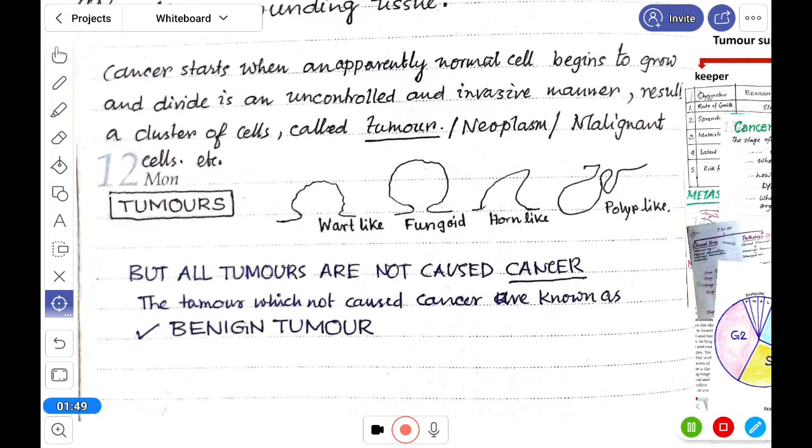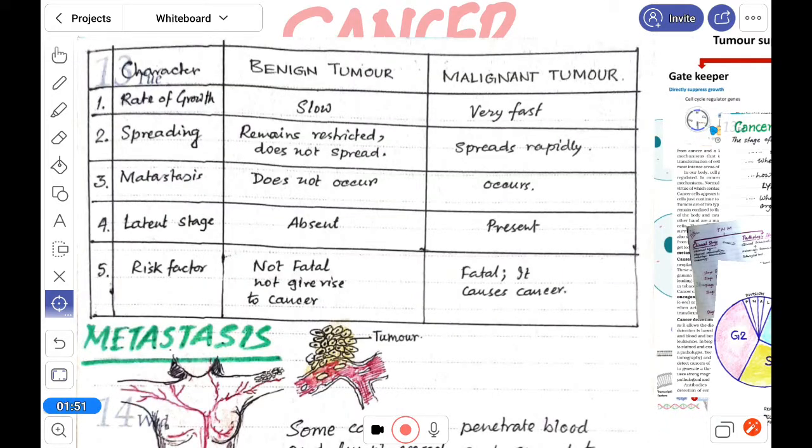What is the basic difference? A benign tumor is not fatal, it does not give rise to cancer, and the malignant tumor causes cancer. That is the first difference. Other differences are the rate of growth. Here it is slow, but there it is very fast.